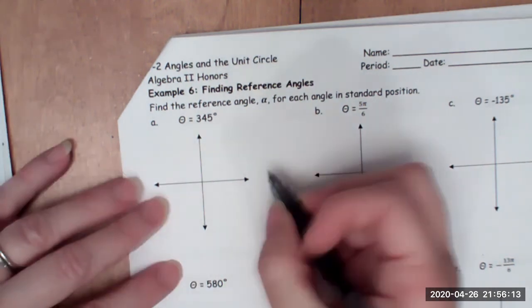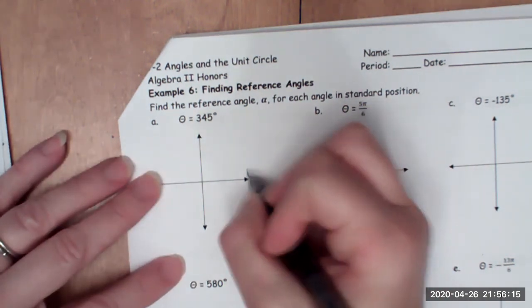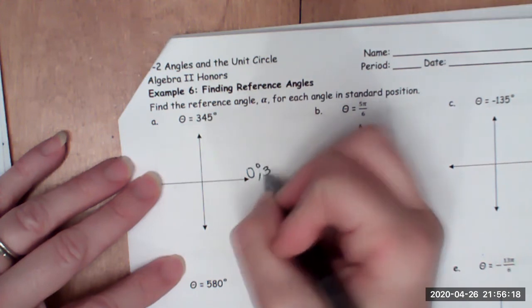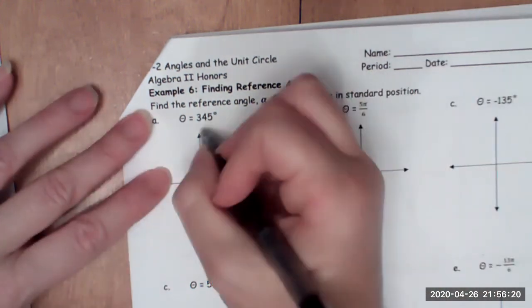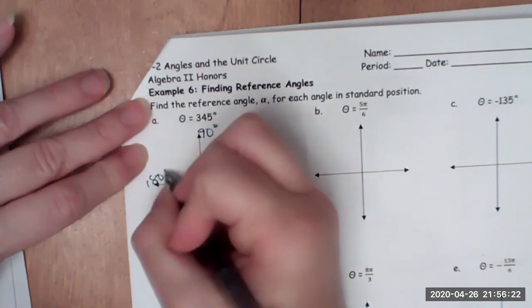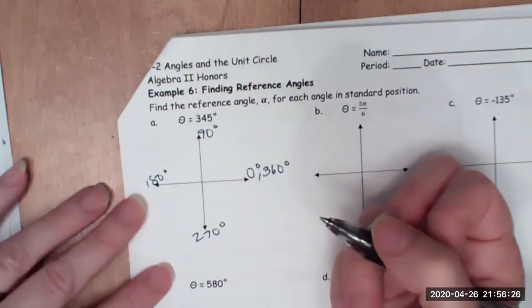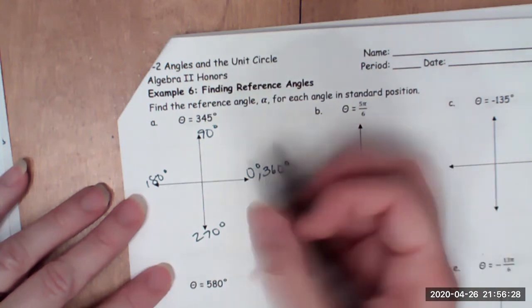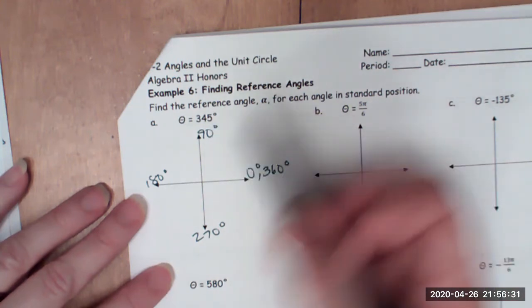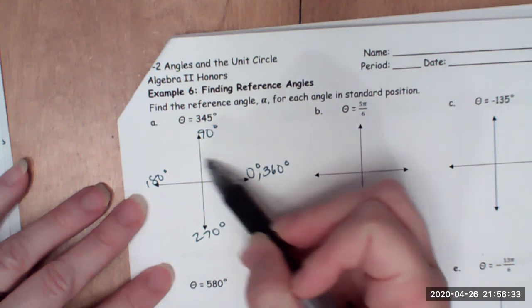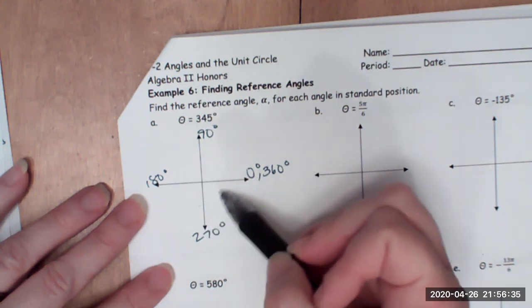So I'm going to label this. We've got 0 degrees here, which when we wrap around the circle will also be 360, 90, 180, 270. If I want to travel 345 degrees, I'm almost traveling all the way around the circle, not quite.